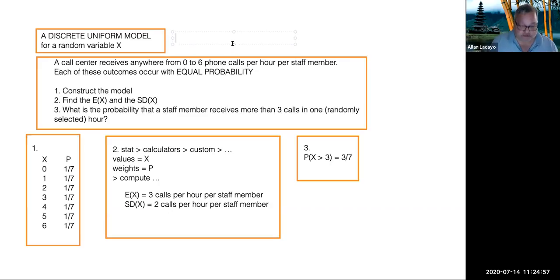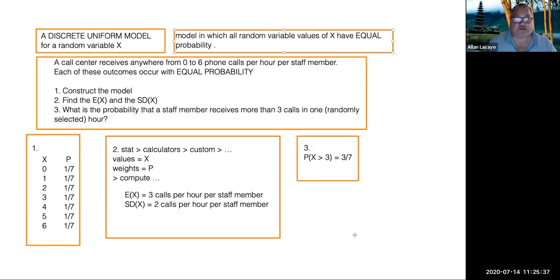It's a model where all random variable values of X have an equal probability. And of course, the sum of all these probabilities must add up to 1. So that's what we call a discrete uniform model of probability.